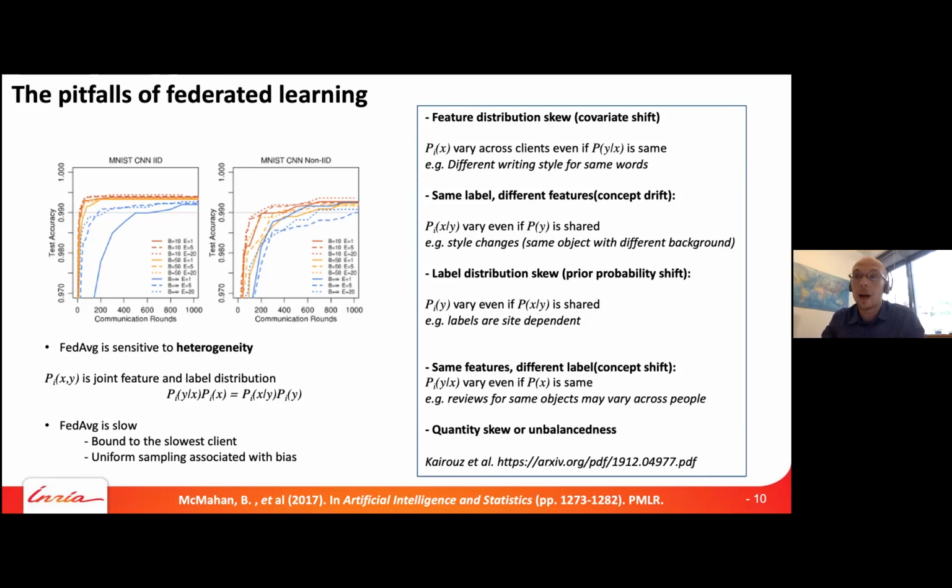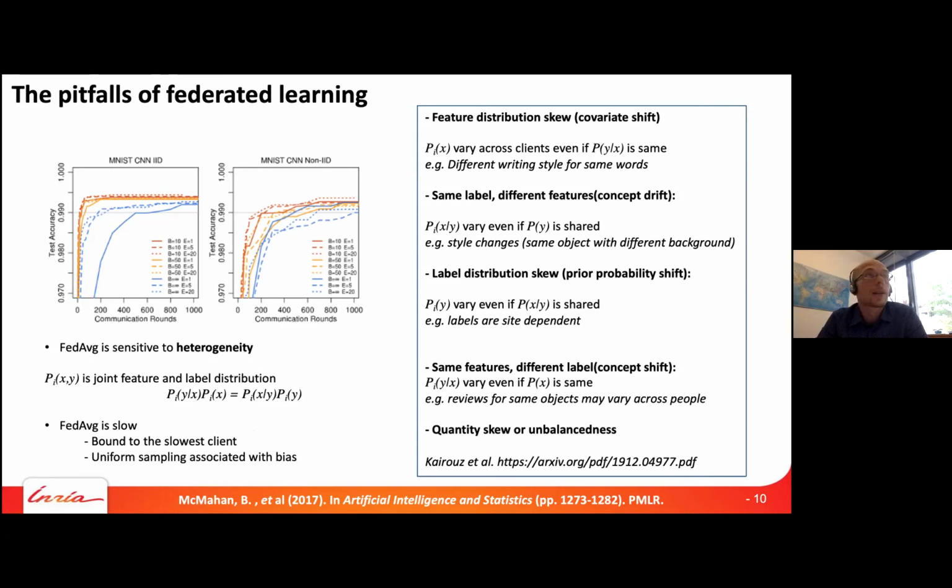And of course, when we average together models that have been trained in each of the different clients, depending on this variability of non-iidness, things can go very bad. Actually, we can get models that do not make sense or are not representative of anything. The other problem, which is also a byproduct of heterogeneity but also a general problem of federated learning, is that this can be extremely slow before converging.